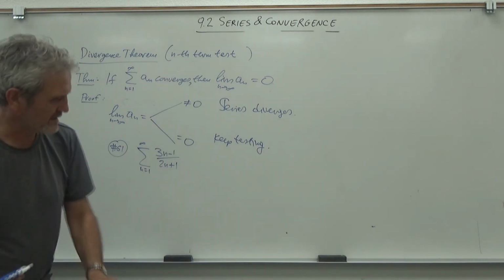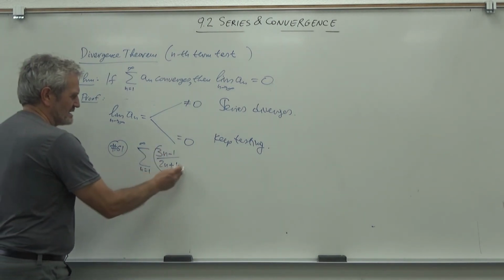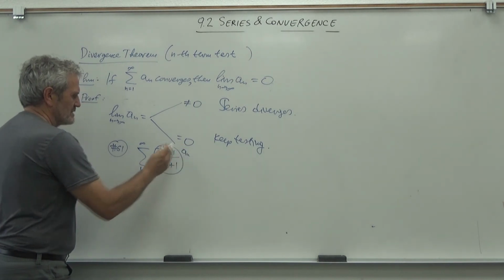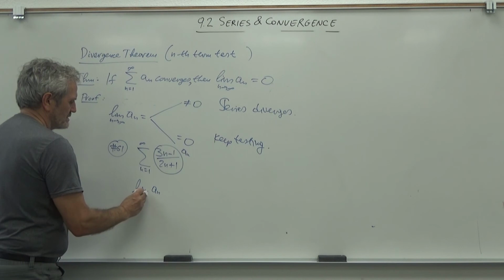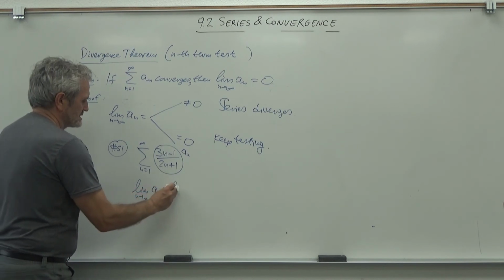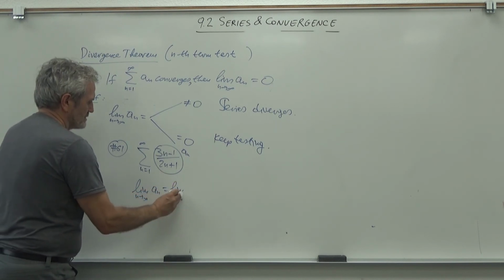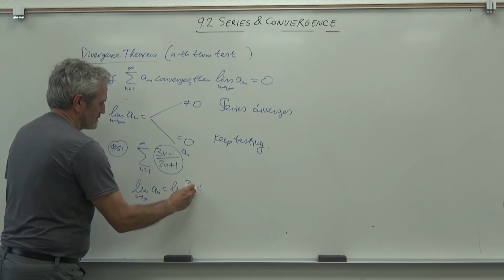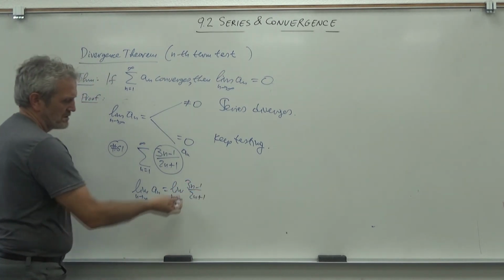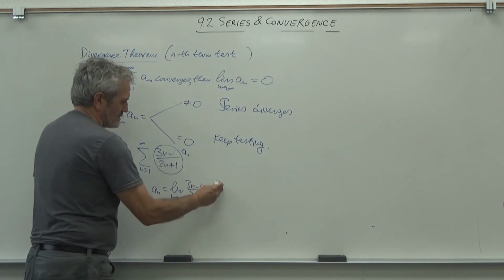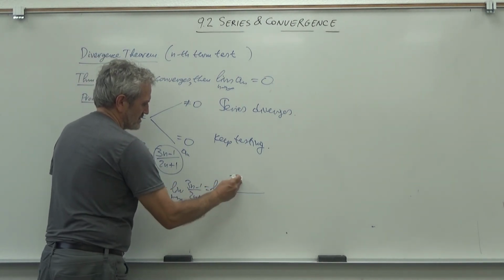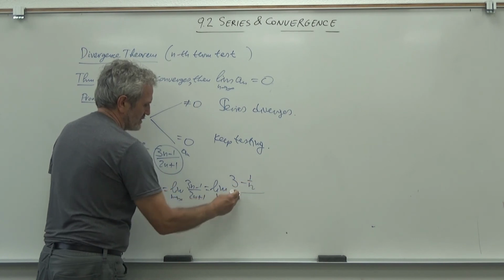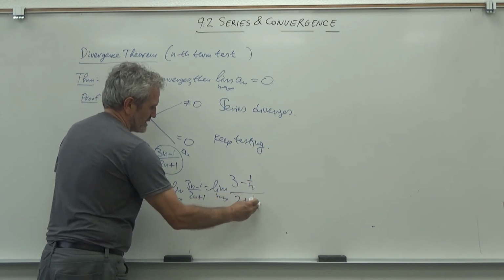So formally, what do we say? This is your a_n, individual, not S_n, just individual. The limit of a_n when n goes to infinity equals the limit when n goes to infinity of (3n minus 1) over (2n plus 1). If you divide by n, you will get the limit when n goes to infinity of (3 minus 1 over n) over (2 plus 1 over n).